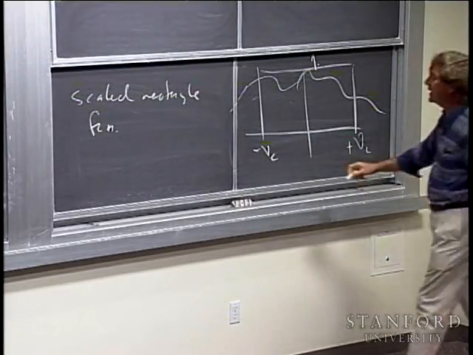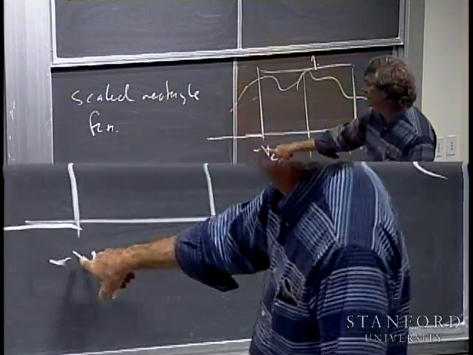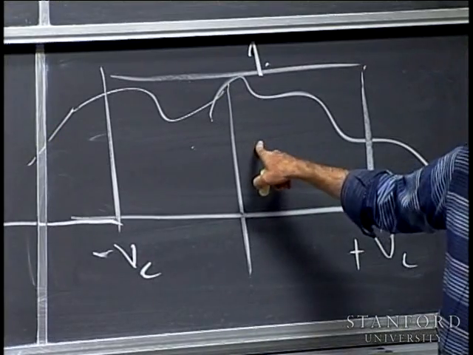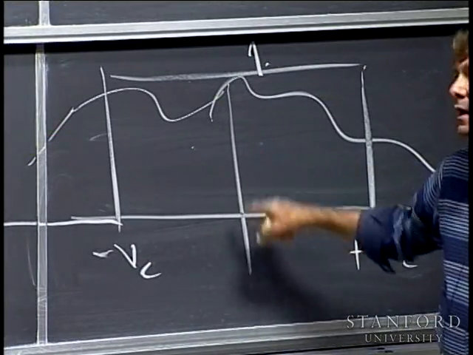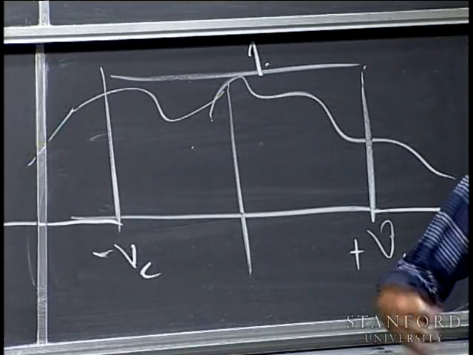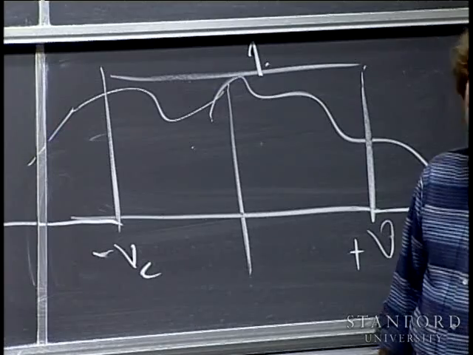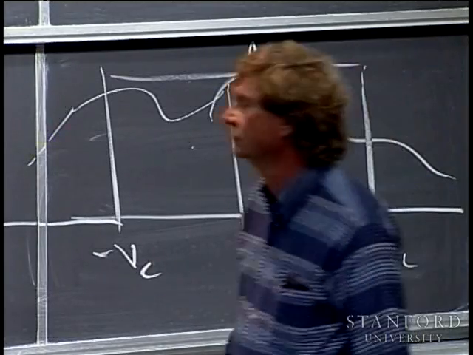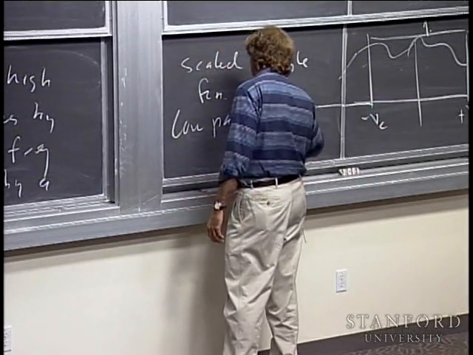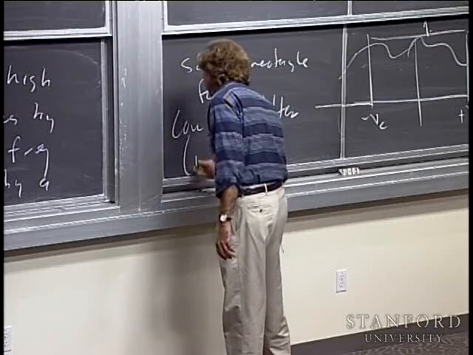So you eliminate all frequencies below minus the cutoff and above plus the cutoff, and you keep the frequencies in between. The other way of putting this is that you are passing the low frequencies and eliminating the high frequencies, and so this is called a low-pass filter. It passes the low frequencies.